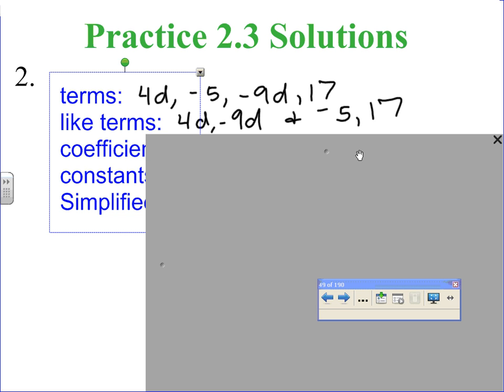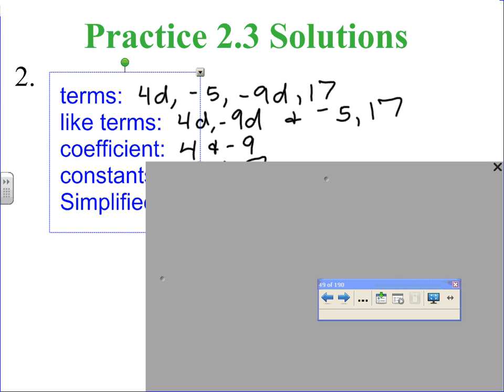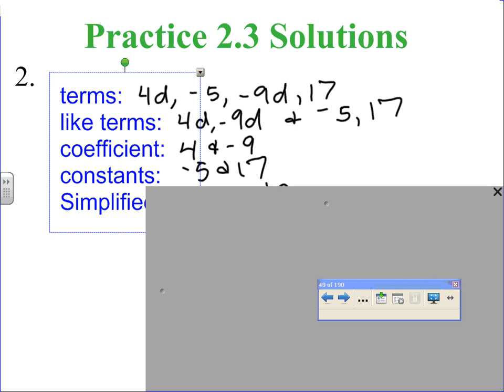Okay, coefficients, 4 and negative 9. Okay, constants. Good. Negative 5 and 17. Okay, simplified expression. Nope, the plus 12 is right though. Emma H. Good. Negative 5D plus 12.